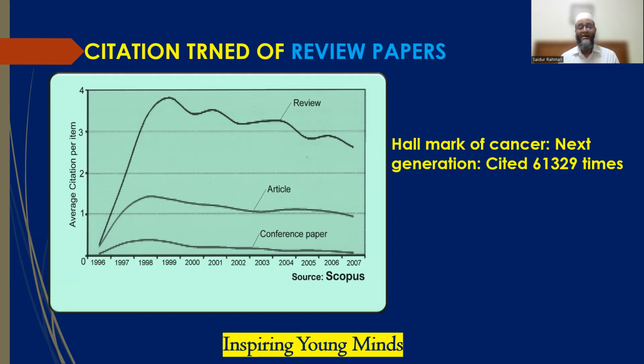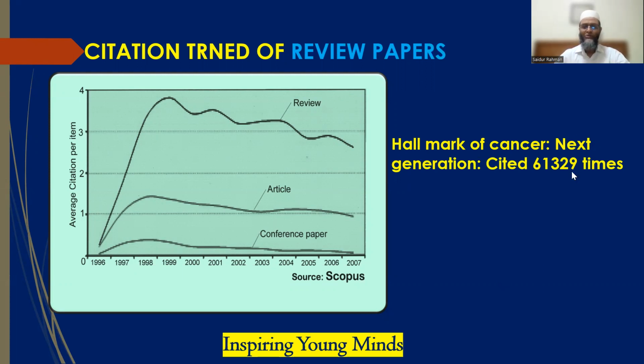So it is very useful for many purposes, and it also reduces researchers' time. Researchers find review papers very useful, and that's why review papers are extensively cited compared to other types of paper.